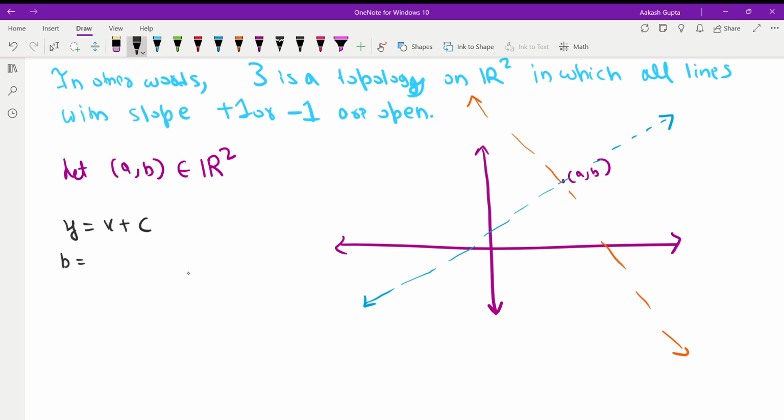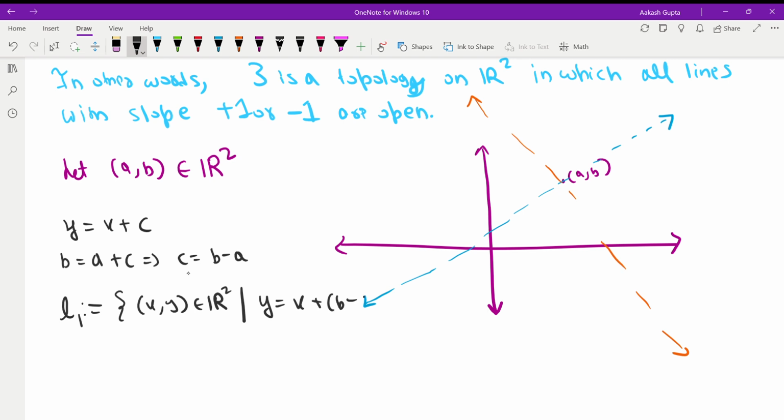So B equals A plus C, which implies C equals B minus A. Define L1 as all points in R2 such that y equals x plus B minus A. This is your red line in this picture.